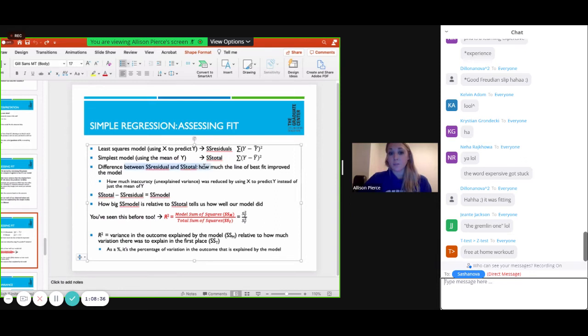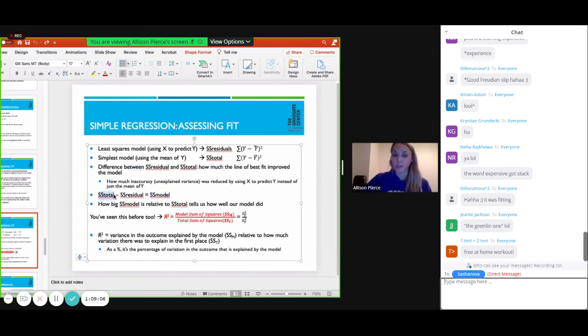The difference between SS residual and SS total, do you remember? We've done this before. What is the difference between SS total and SS residual? What do we call it in ANOVA? The very simplest ANOVA. SS model. SS model, right? And SS model gives us how much our model was improved from just using the mean.